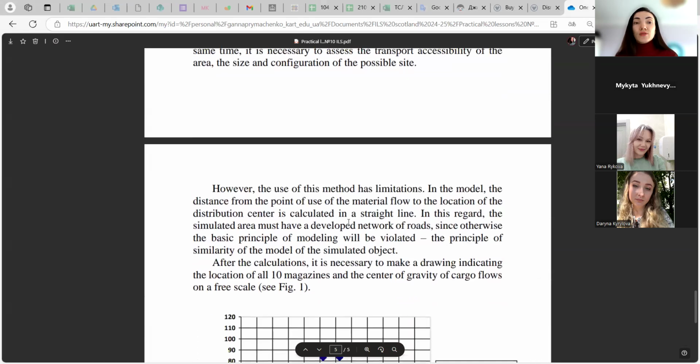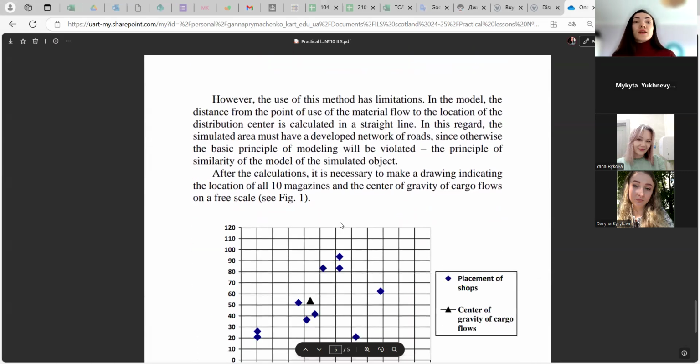We also have the information that the use of this method has some limitations. In the model, the distance from the point of use of the material flow to the location of the distribution center, the warehouse, which we can also call the distribution center, is calculated in a straight line.